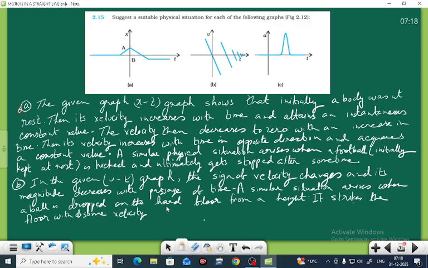and upon rebound its velocity decreases by a factor.